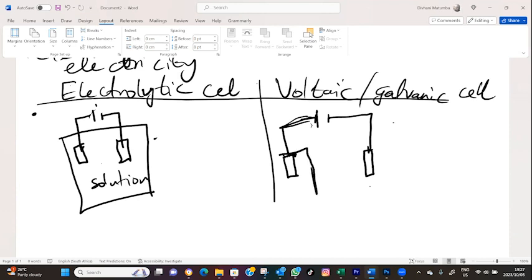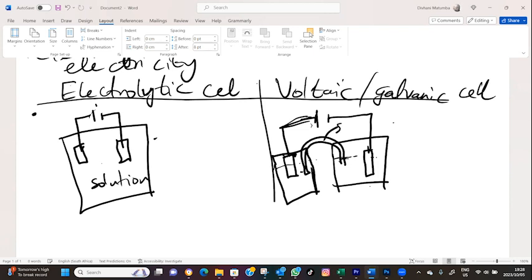However, this one always has two separate compartments, and those compartments have two different solutions. Connecting those two solutions is an element which we call the salt bridge. This is an electrode and this is an electrode.